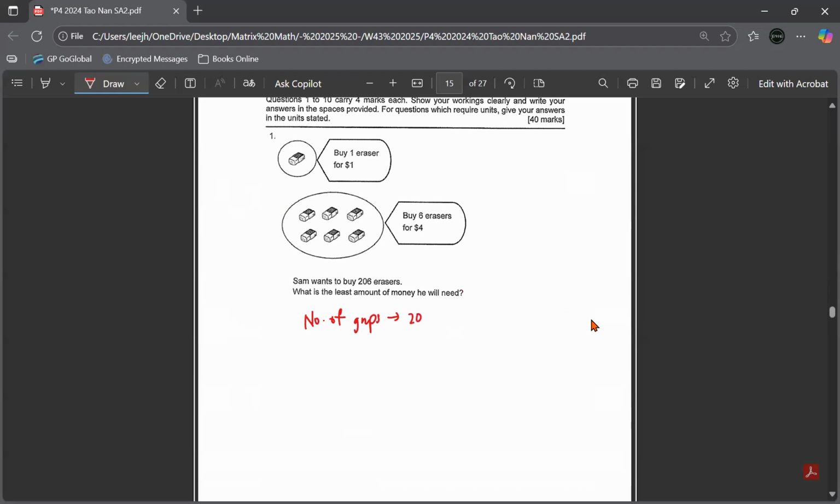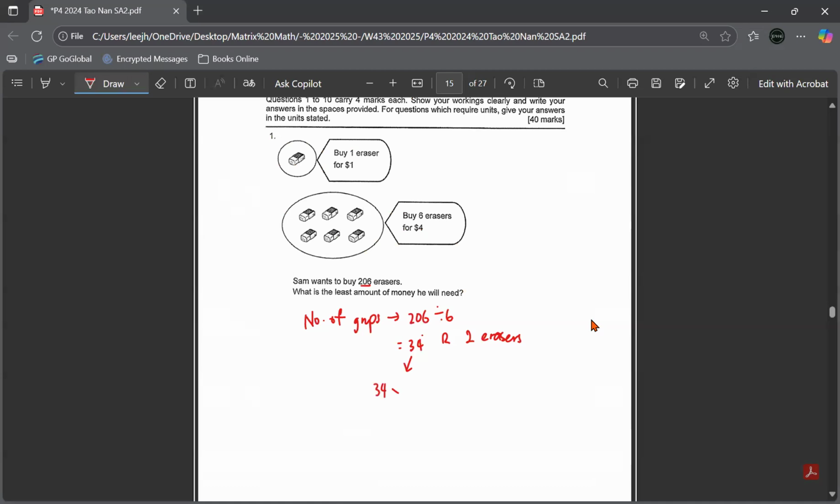So 206 divided by 6, you will get 34, remaining two erasers. So he wants to buy 206. So 34 groups of 6 erasers, but this remaining 2 erasers, you still need it. So 34 groups of 6 means you need to pay $4. So 34 groups of $4.